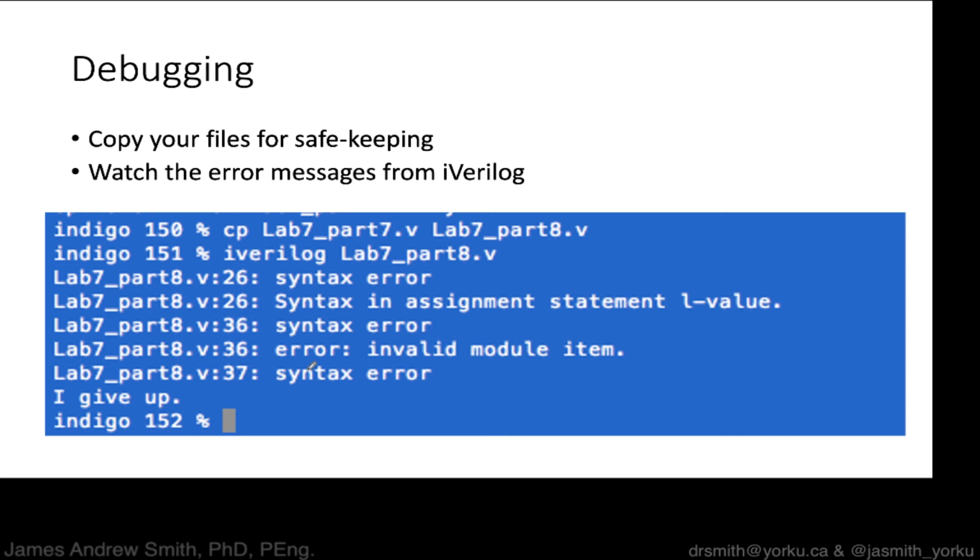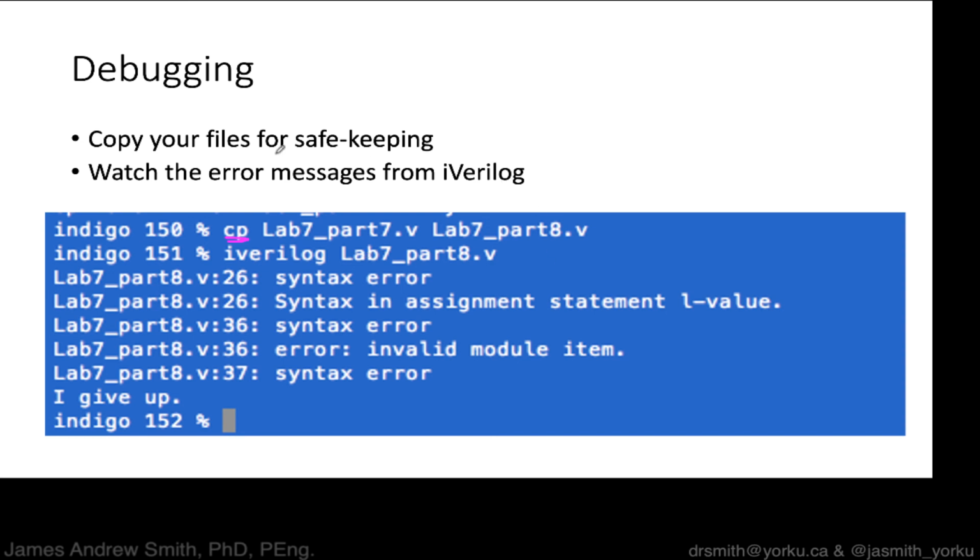All right. When you are writing up your program, I think it's really important to write up different versions of your Verilog program. Rename it as you're developing it. You can copy from the command line, or you can use your text editor and create different backup copies. I think it's a really good idea.